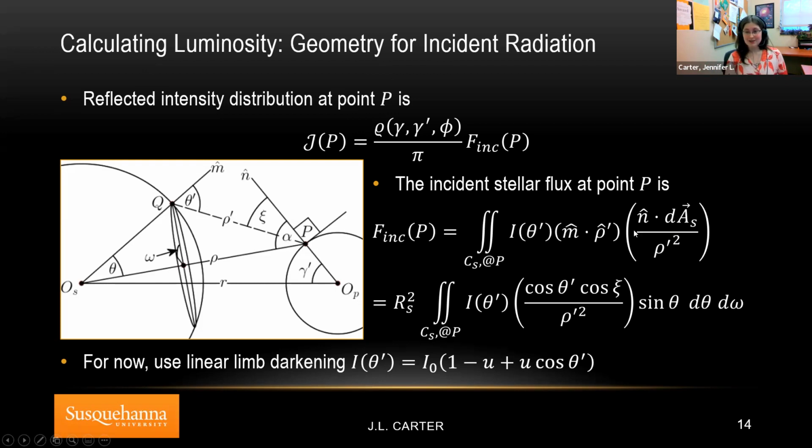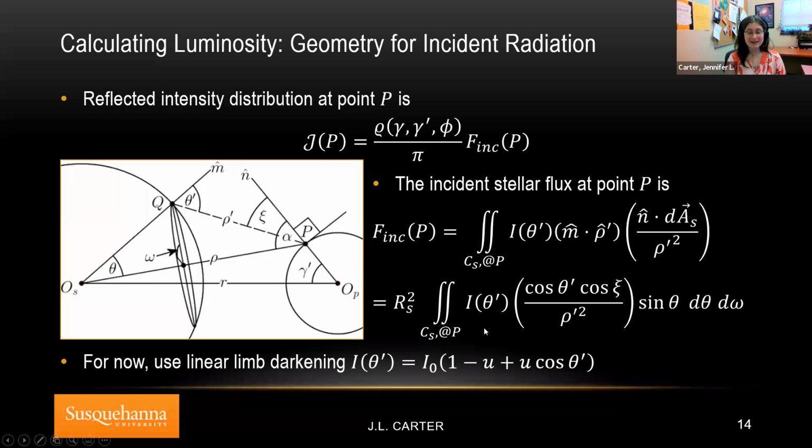Now, our strategy to integrate over the surface area of the host star is to integrate over omega and theta. This is actually going to be one of the sources of our problems in analyzing the incident stellar radiation.